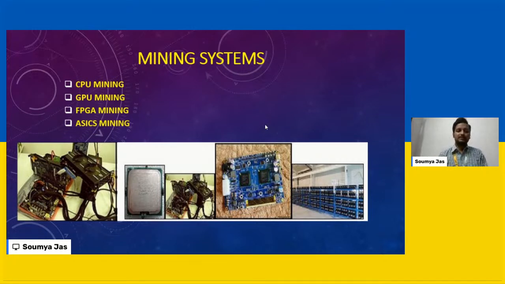So ASIC mining is developed to perform the SHA-256 operation. These special chips are sold by various manufacturers and offered by hashing rate.